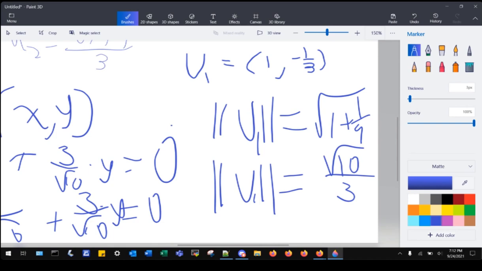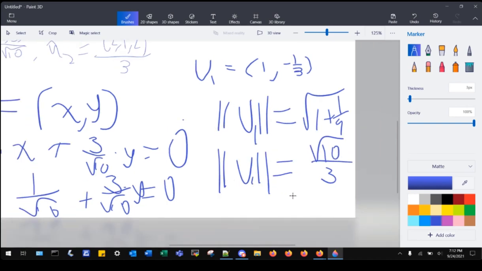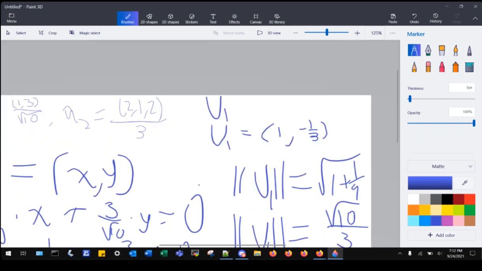And so then we divide u1 by this magnitude. U sub 1 with a hat over it equals this vector divided by this magnitude. So it's 3, negative 1 divided by root 10. The 3 canceled out because we multiplied it.